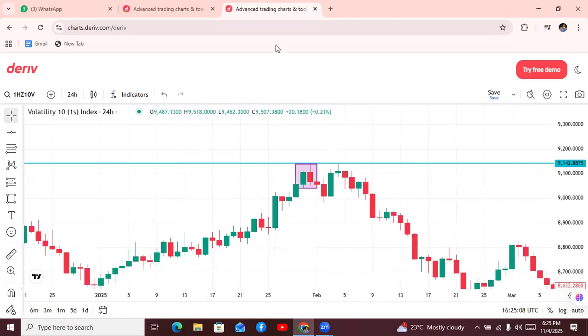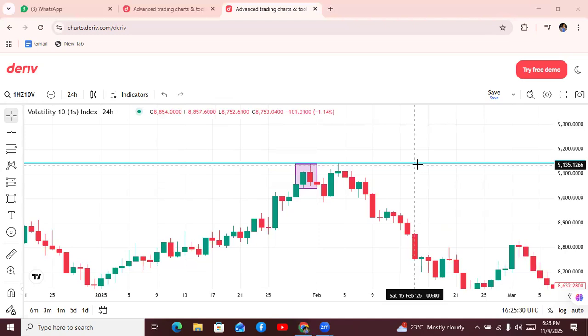Let me see if I can get somebody from here. Gary. Mr. Gary, what candlestick pattern is this? I'm not so sure, but it looked like a bearish engulfing candle.